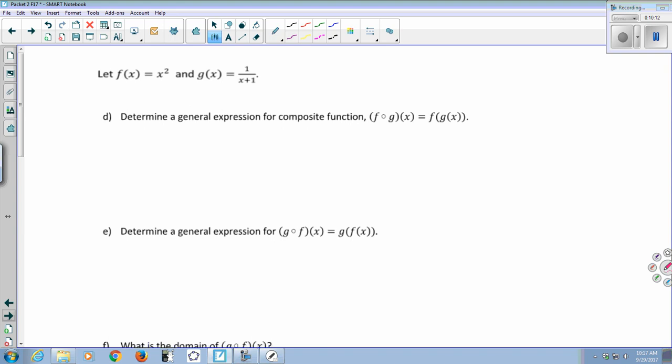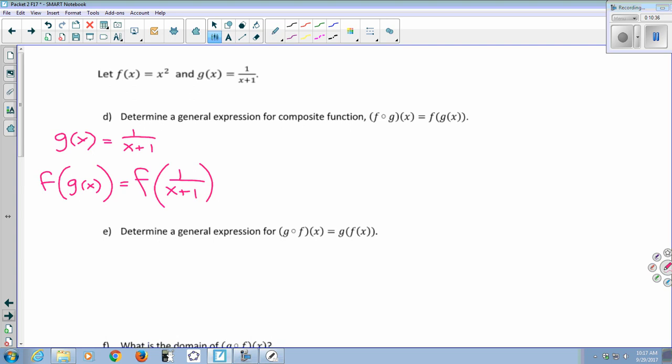Okay, same two functions. I want to determine a general expression for the composite function f composed with g of x. g of x I know is 1 over x plus 1, which means that f of g of x is really f of 1 over x plus 1.